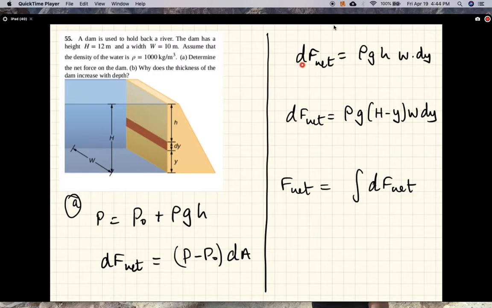So the force on this strip is given by rho g h w dy, and as the depth increases, this force increases, and so the thickness of the wall has to increase. So that equation tells you why the thickness of the wall has to increase, and you can see that the force is increasing linearly with depth, and the thickness is increasing linearly with depth.